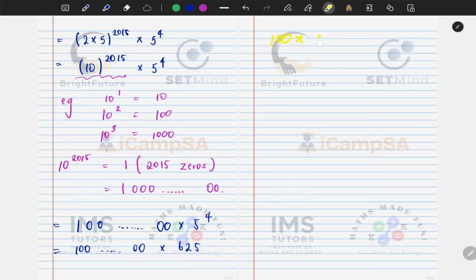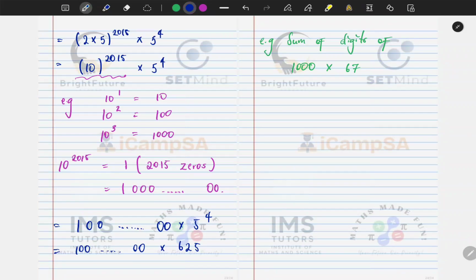100 times 6, it would have been 600. So let's say, as an example, we want the sum of digits of 1000 times 67.